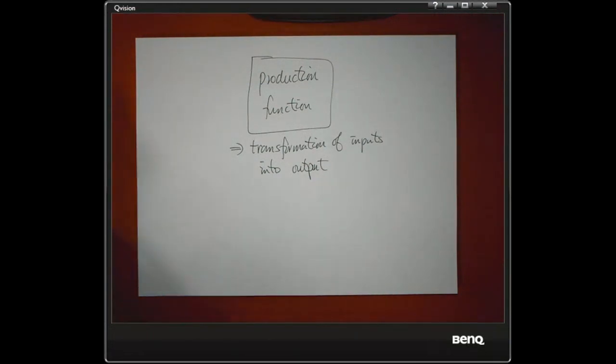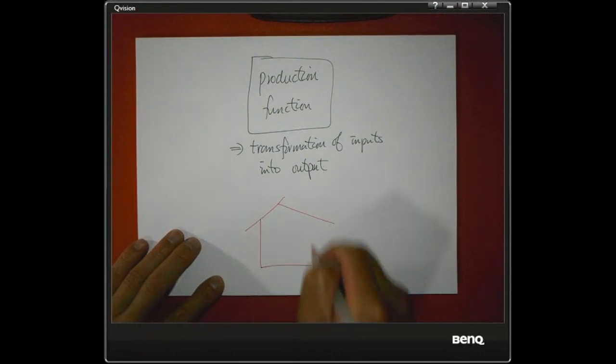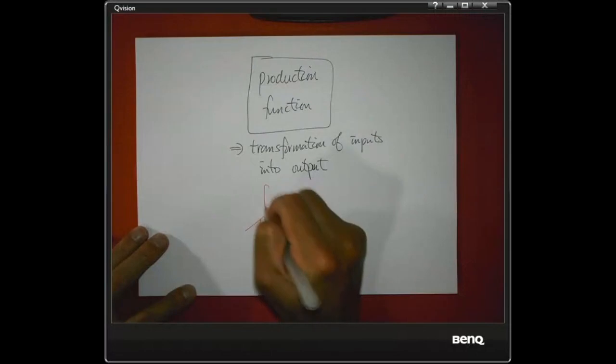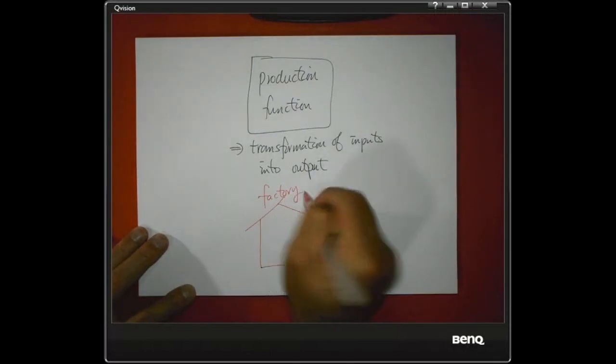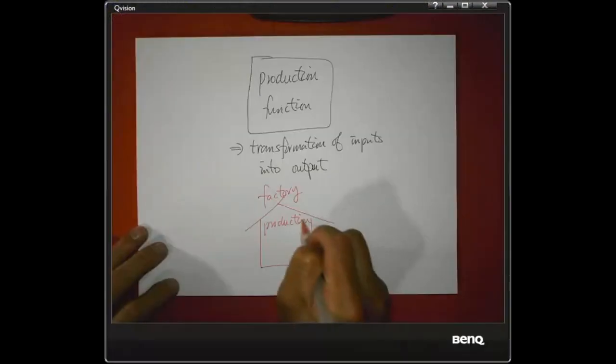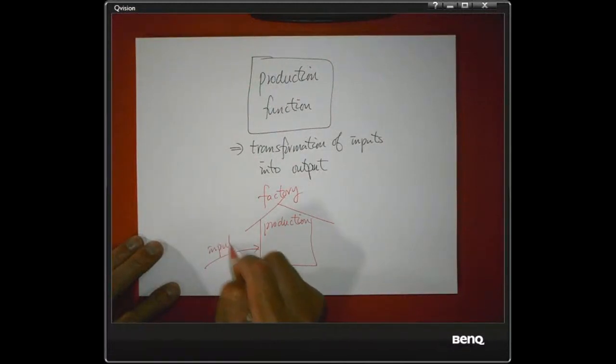So in other words, if we imagine this is a factory, and in this factory production is taking place, the factory will require inputs.